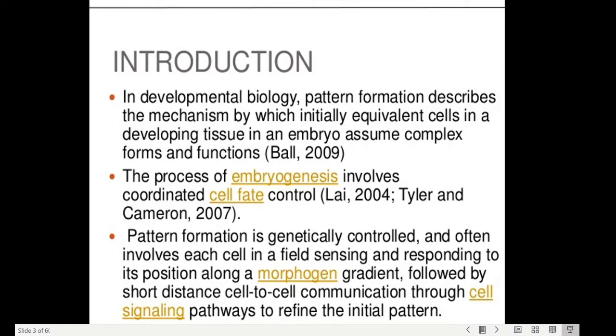Everything is involved in pattern formation. Previously we discussed cell communication, right? Cell communication is a major thing that happens in pattern formation. Due to cell communication, the pattern is formed and it develops the organs. So the previous unit and this unit are partially interlinked.